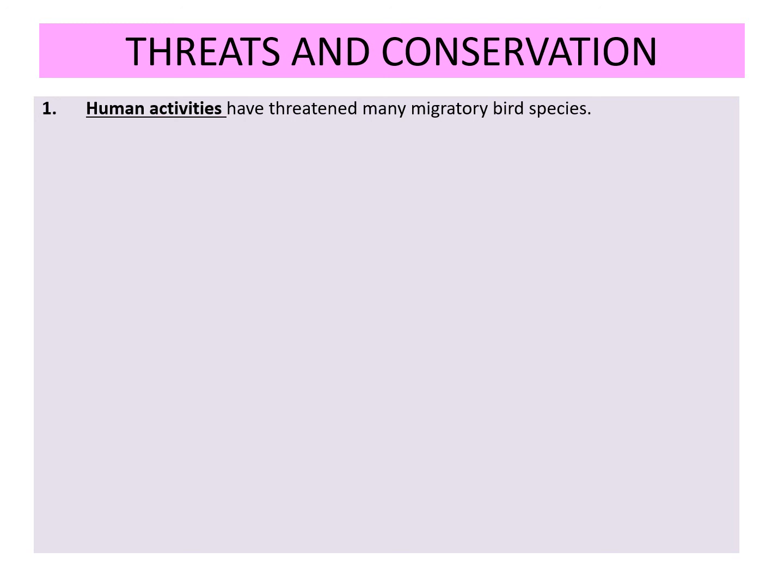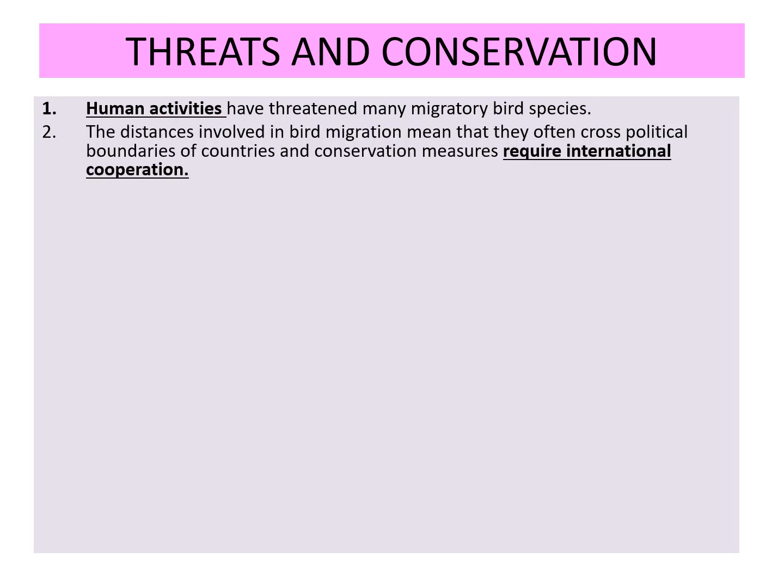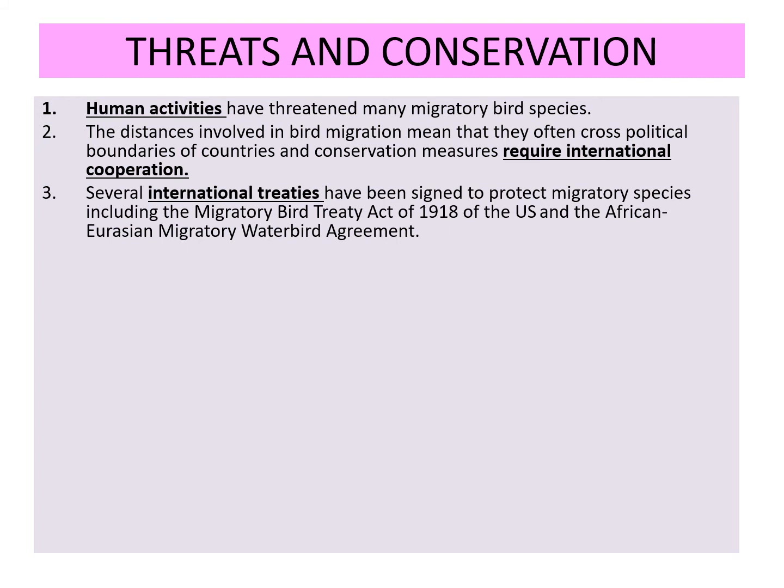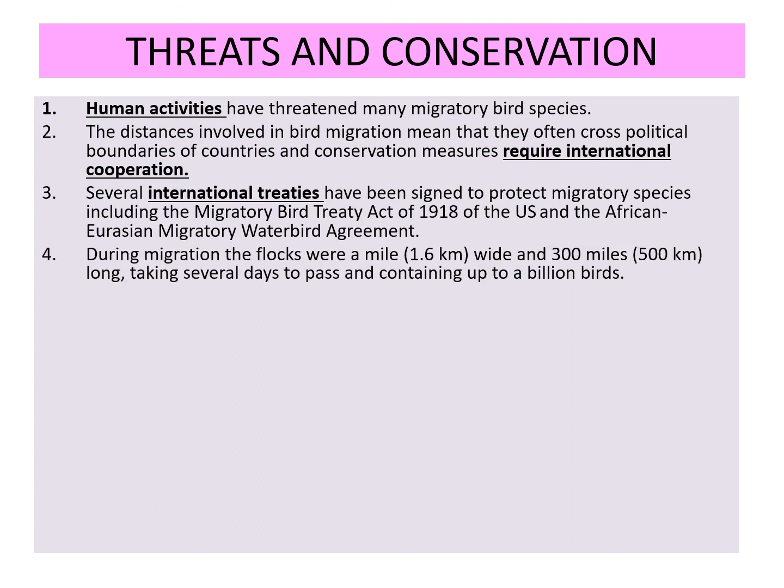Threats. The major threat to migratory birds is human activity. The distance involved in bird migration means that they often cross political boundaries of countries, and conservation requires international cooperation. Several international treaties have been signed to protect migratory species, including the Migratory Bird Treaty of 1918 in the US and the African-Eurasian Migratory Waterbird Agreement.